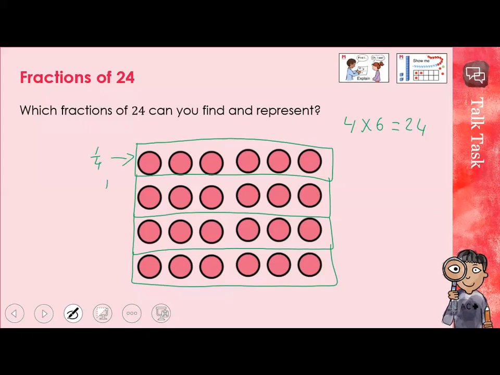I've got a quarter, add a quarter, add a quarter, add a quarter. So I know that 1/4 of 24 is equal to 6. I know that the 24 have been divided into 4 equal rows, and each of those is equal to 6. Starting to see some patterns occurring now, and so on and so on.